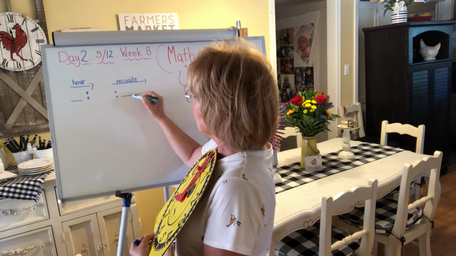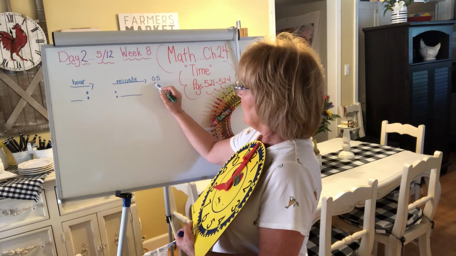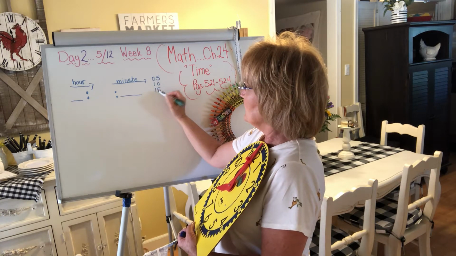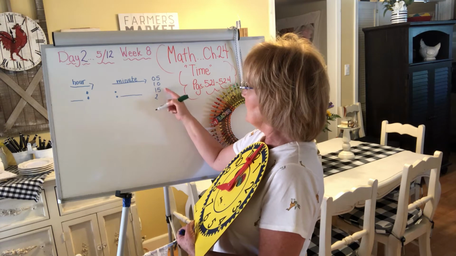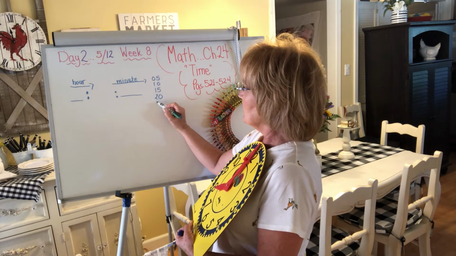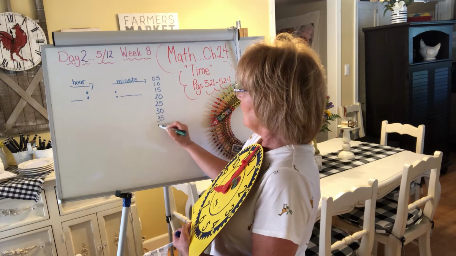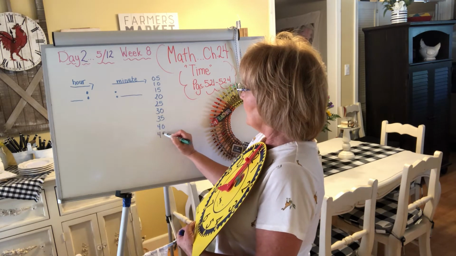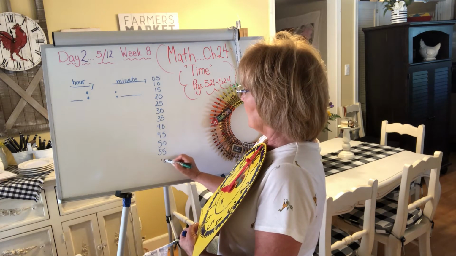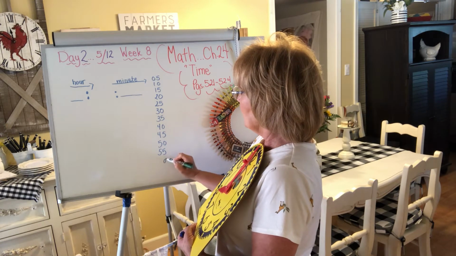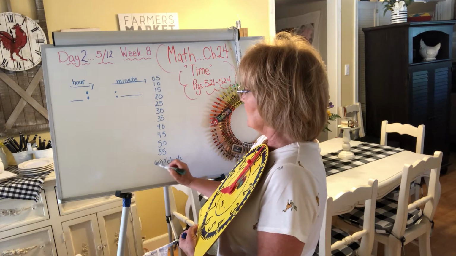It goes second. Okay, and minutes will be 05, 10, 15. Of course, it could be 06, 07, 08, 09, 10, 15. It could be 16, 17, 18, 19, but this is kind of counting by fives. 30, 35, 40, 45, 50, 55, and then what you've got, o'clock would be the 60 minutes, right?